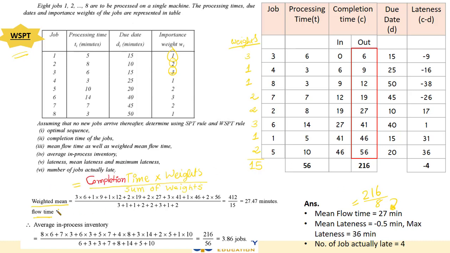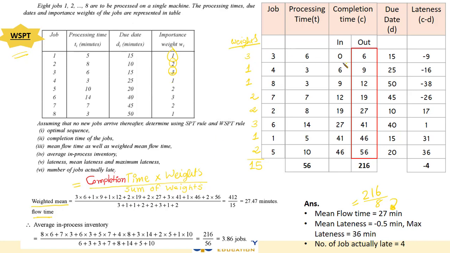For calculating weighted mean flow time, we have to use this formula: completion time into weights divided by sum of weights, right? These are the weights given in the table. I have written the weights over here so you can easily calculate, right? The formula is completion time into weights.